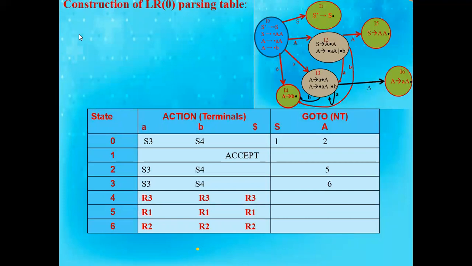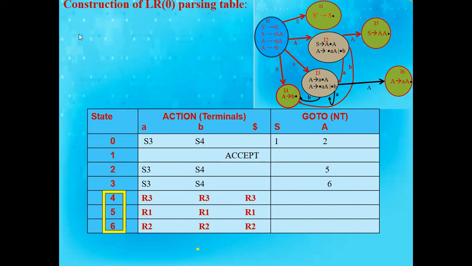There is no need to find the follow of the non-terminal A or S. Write that particular value, that is R3 here. If it is R3 in this particular I4, then write it in every column of the terminals. Here R1 is written everywhere, and here R2 is also written everywhere. These states 4, 5, 6 are the final states, and we need to find out which production is used.